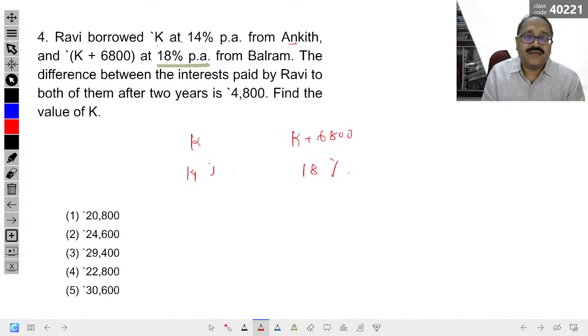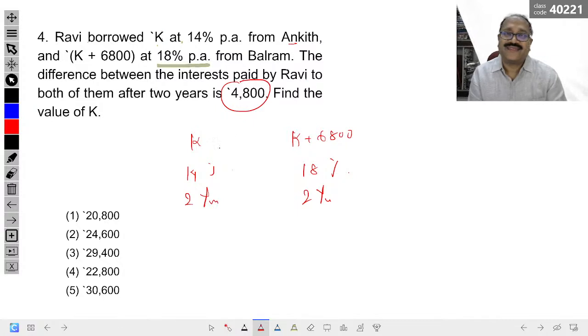Okay, and the difference between the interest paid by Ravi to both of them after 2 years. This is for 2 years. This is also for 2 years. And the difference given to us is 4,800.